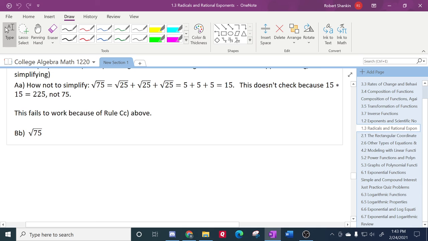All right, so how do we do this? We are going to break up 75 into two things that multiply together, and one of those things comes from this list of perfect squares.